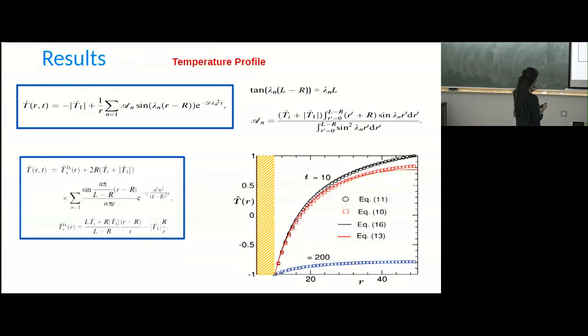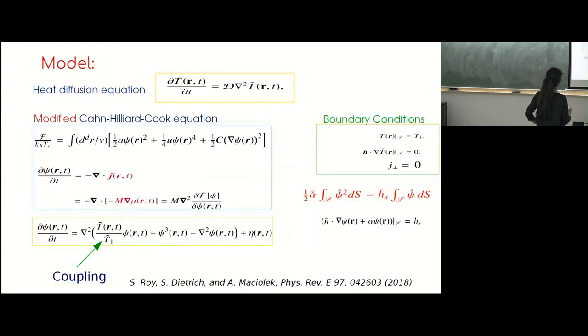At very late times, this exponential term basically drops down, and everywhere in the system the temperature is equal to the quench temperature. Are these radially symmetric solutions, or asymmetric also? So what is this R?